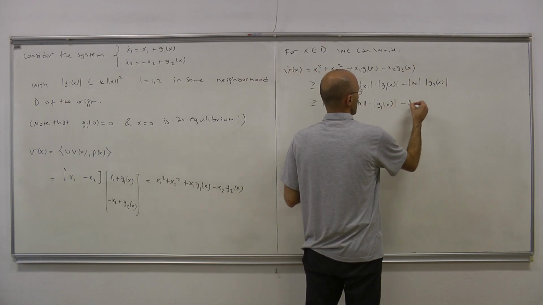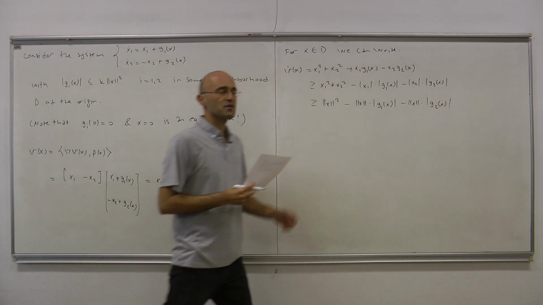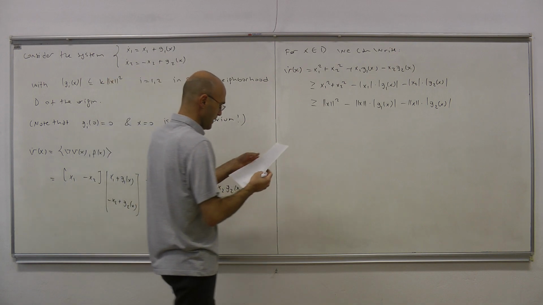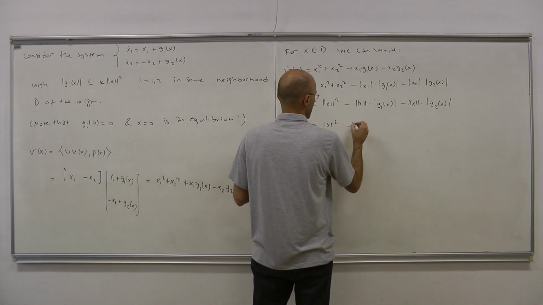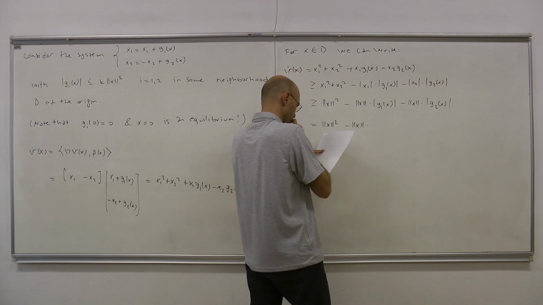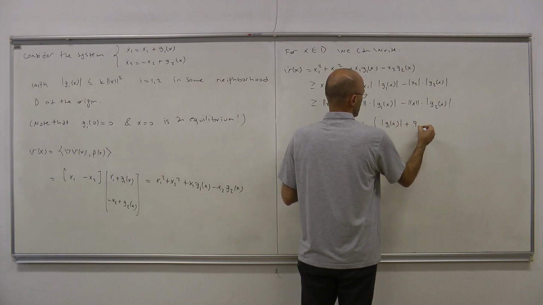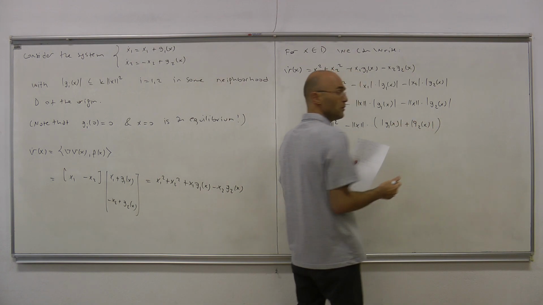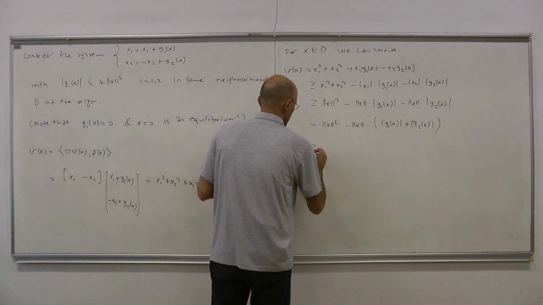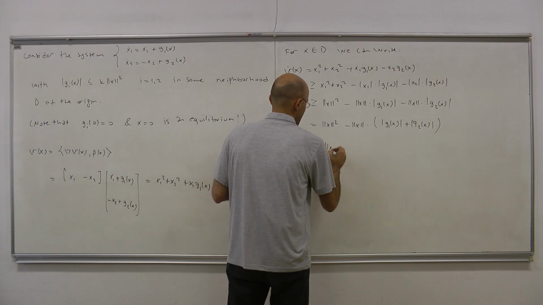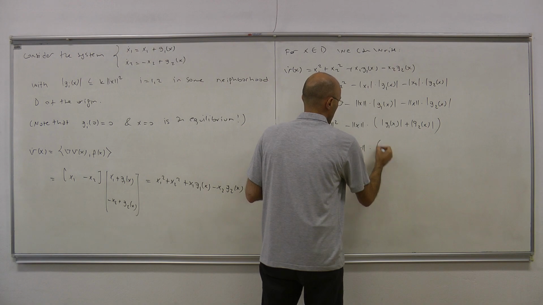And then we can do the same trick over there, times g2 of x. So let's reorganize the terms. Minus norm of x times the absolute value of g1 of x plus g2 of x. That's greater than or equal to norm of x squared minus norm of x times.